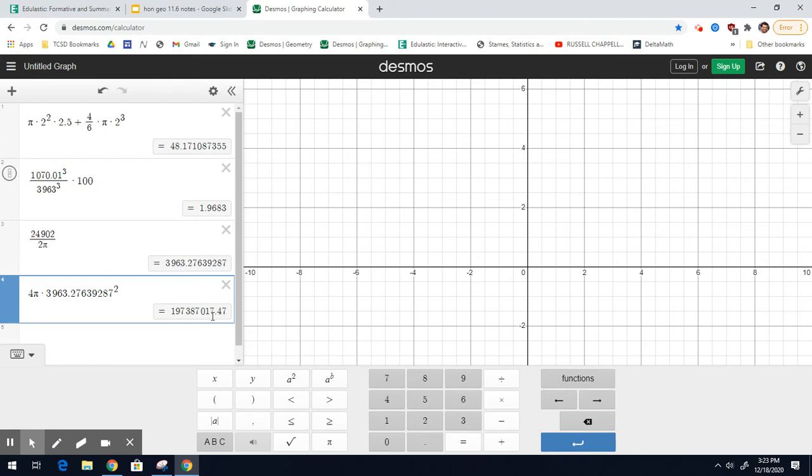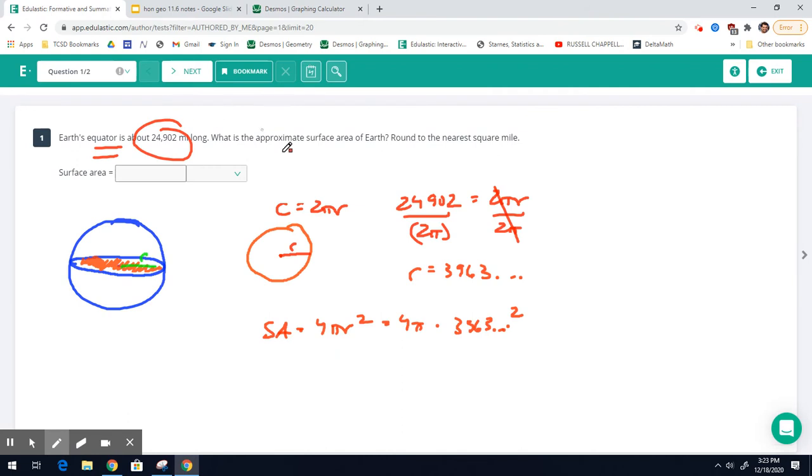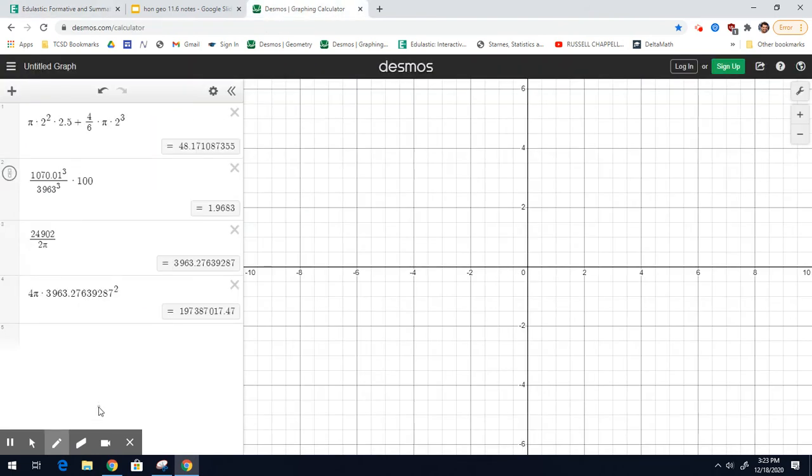And that is in square miles. The 4 does not round the 7 up. So that would be the answer, 197,387,017 square miles.